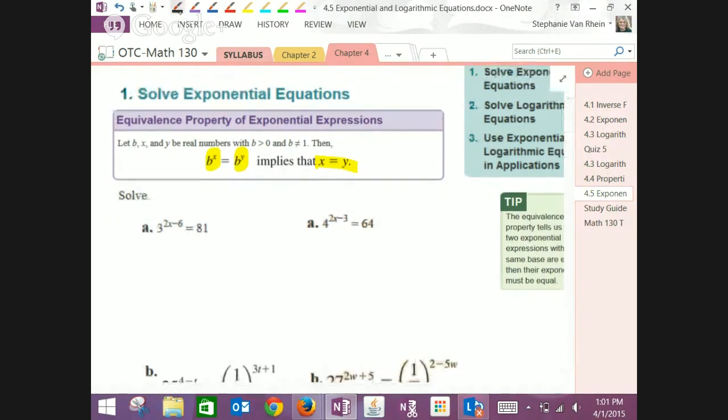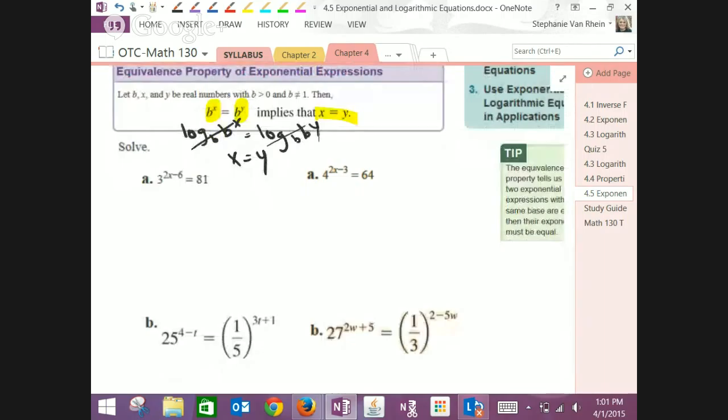Log base b of b to the x equals log base b of b to the y. That would give us x equals y. You guys see that? This log base b and this log base b are going to cancel and I get x equals y. Or if you can see it easily enough to write 81 as a power of 3, you can do it that way.